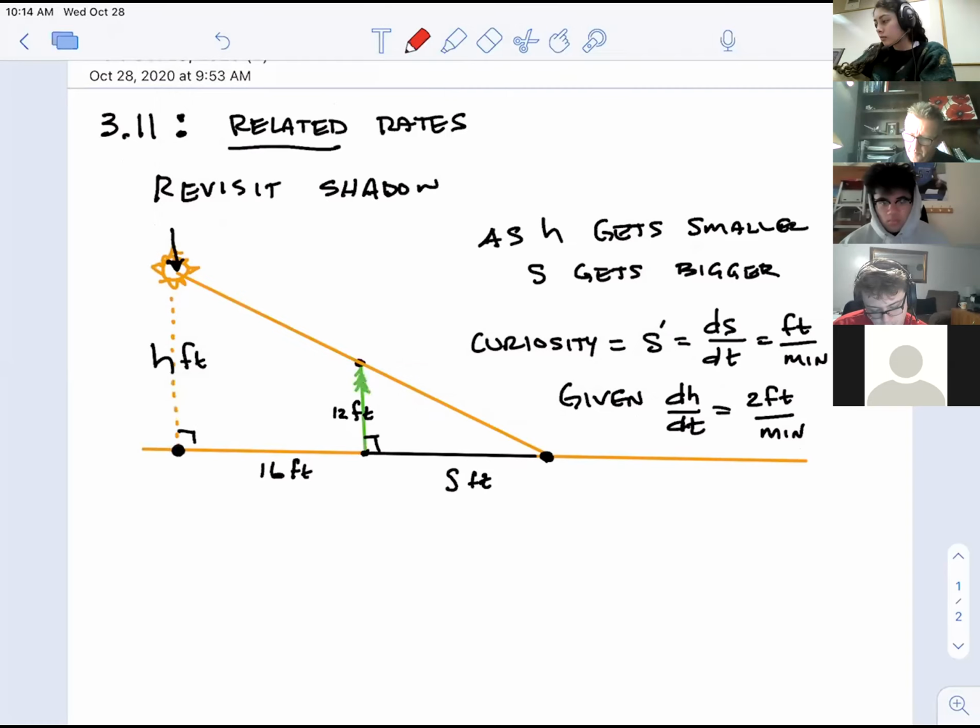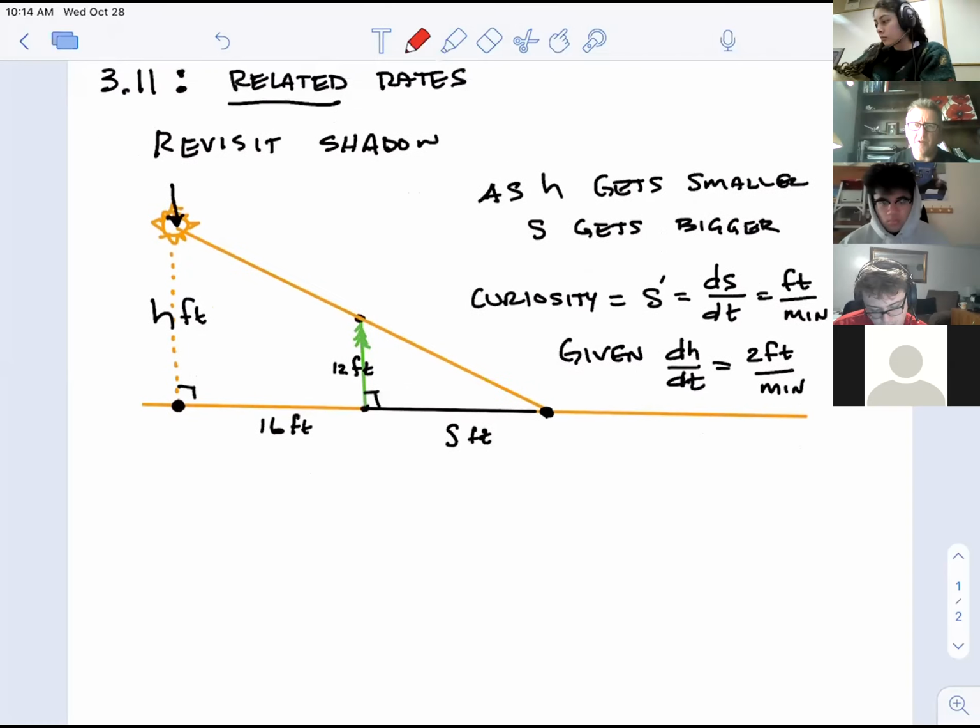And what I want to give you is a pattern as to how to solve all of these kinds of problems. And I'm going to explain this in a way that I think is a lot clearer than it was explained to me.